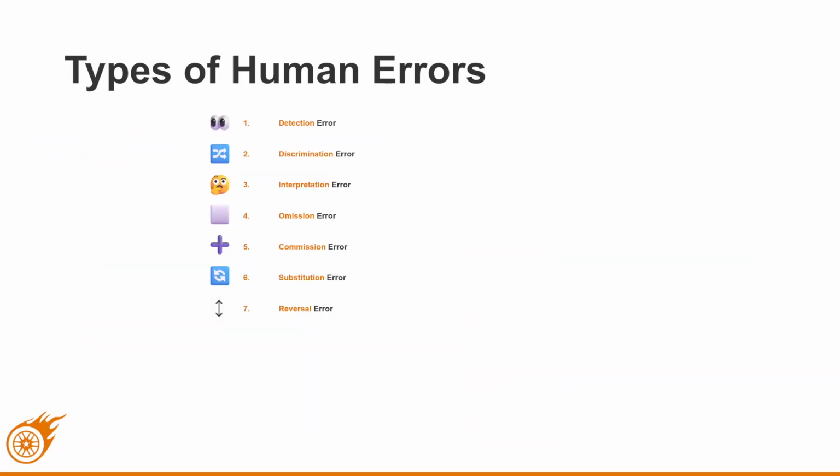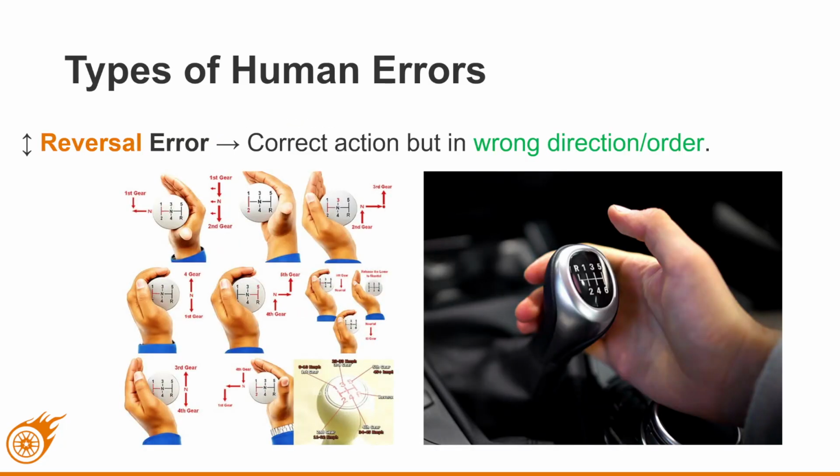So reversal error. Essentially, the correct action was performed, but in the wrong direction or sequence. An example would be that you upshifted instead of downshifted when entering a tight corner. So the takeaway is gear lever design and visual cues should minimize directional confusion. And this kind of goes back to what I was talking about earlier as well.